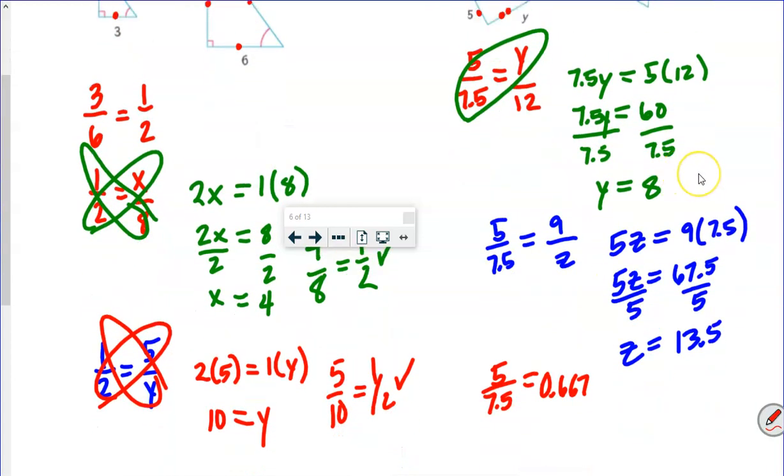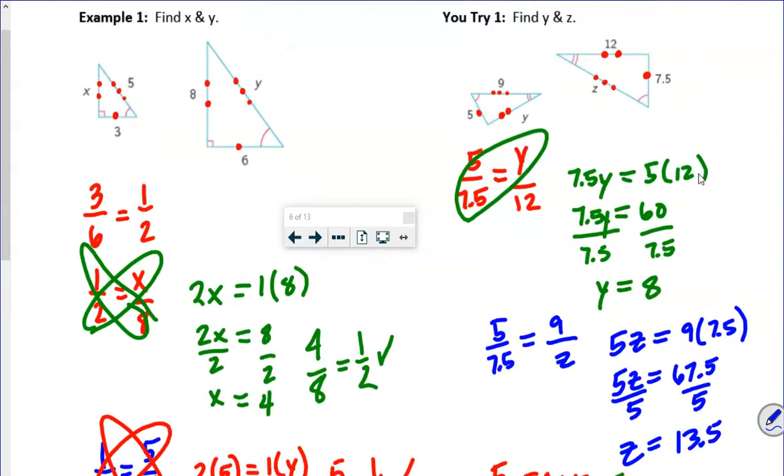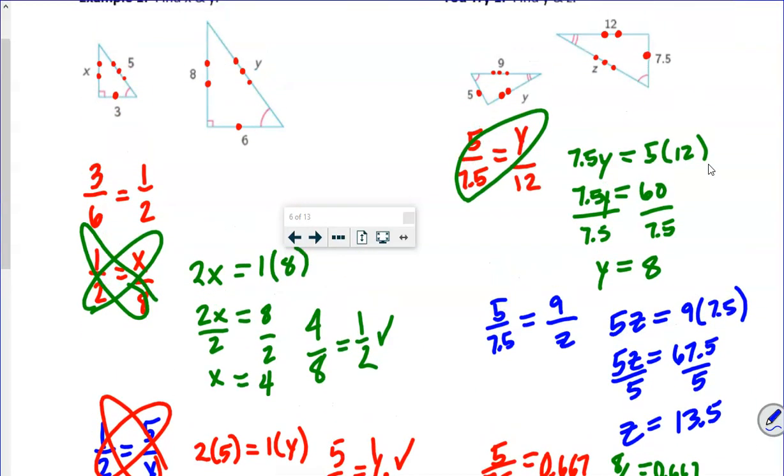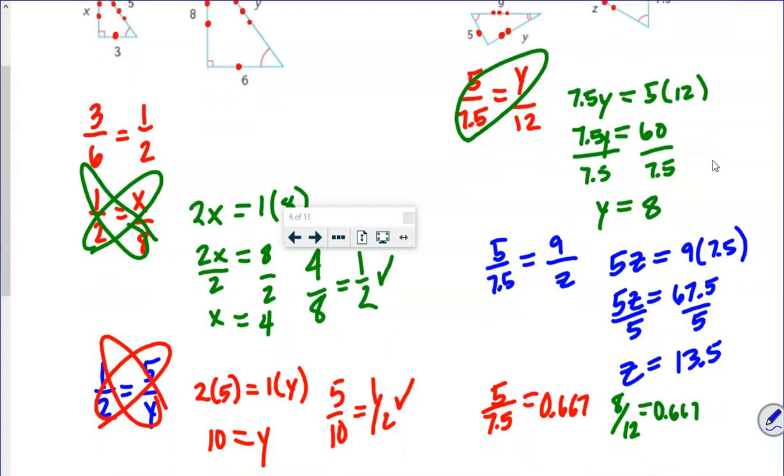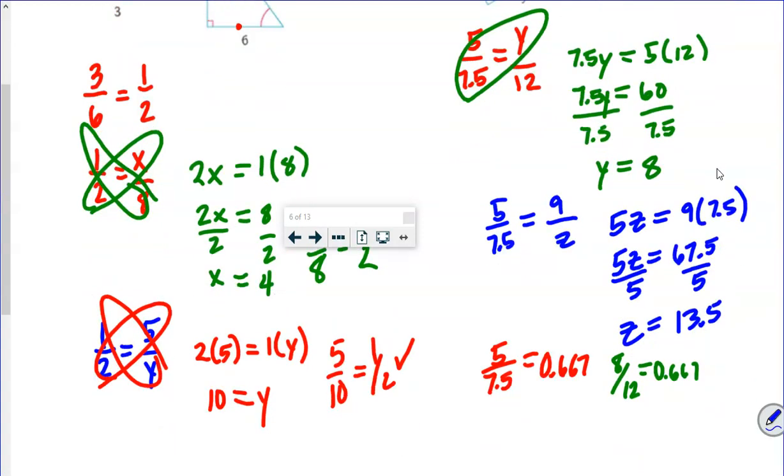So I'm going to do that one. 8 over 12, guess what that is? That's also equal to 0.667. So again, remember what we're looking for here is the same ratio for all 3. If we don't get the same ratio, then we are in trouble because we did something wrong. Okay, so up here, then our z. So yeah, our 3 dots. So we got 9 over 13.5.